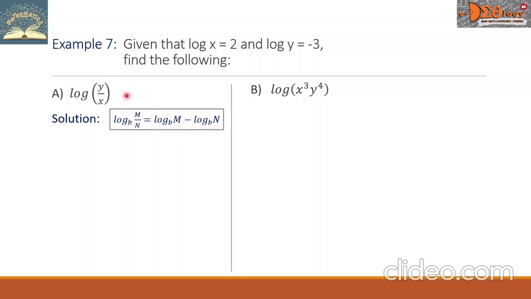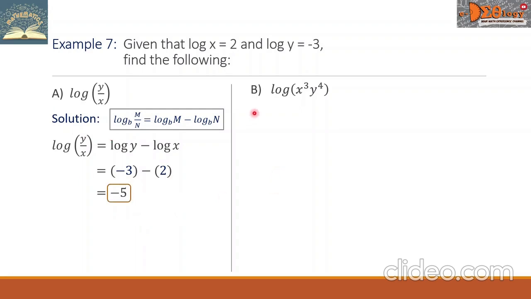So this problem here we can rewrite as the log of y minus log of x. From here we can now substitute the corresponding values. The log y is negative 3, then minus the log x is positive 2. So we combine negative 3 minus 2. The answer is negative 5. This is the answer for problem A.